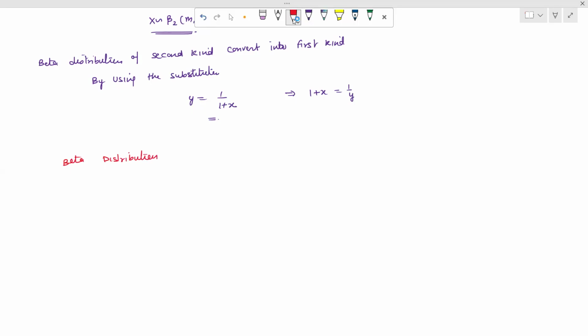For the beta distribution of first kind, we have the probability density function equal to 1 upon beta(m, n) x raised to the power m minus 1, 1 minus x raised to the power n minus 1. Okay, so we remember this thing. We say that both m, n greater than 0 and random variable x lies between 0 to 1.